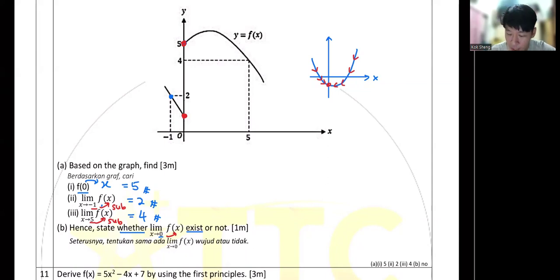Now I can see, for this example, left side, right side, go towards the point, same number, right? This point, same number, right? So yes, which means that this graph has the limit because they go towards the same point.